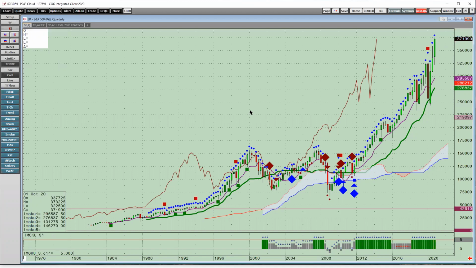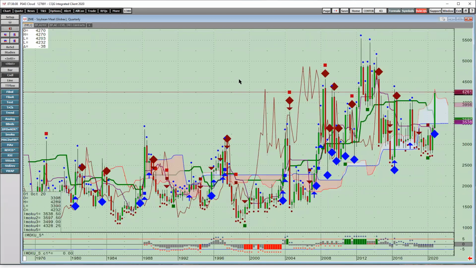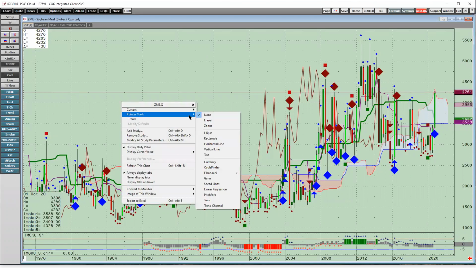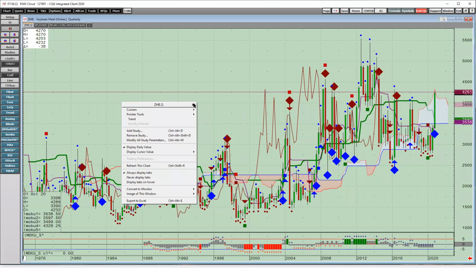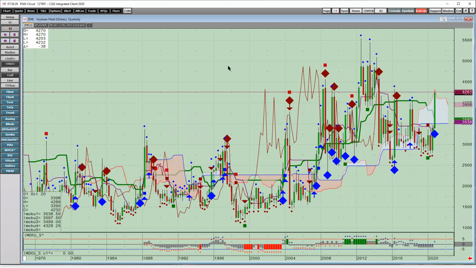So let's take a look at some of the things. One, we talked about the flattening, obviously, and let's go back to the ZME because I think that's what I had up. And let's go to ACD. Let's try comma ACD. Come on.